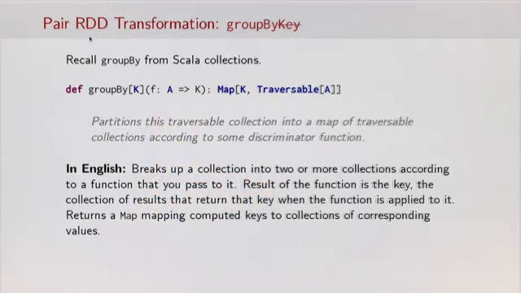The results of the function are the key, so that if you apply this function to individual elements of the original collection, whatever the result is of that function application is the key that that element should correspond to in the resulting map returned by the groupBy operation. So the map returned by this groupBy method contains keys mapped to collections of those keys' corresponding values. It still sounds a little confusing, doesn't it? I'm trying to make it simpler, but I don't know if you can visualize it.